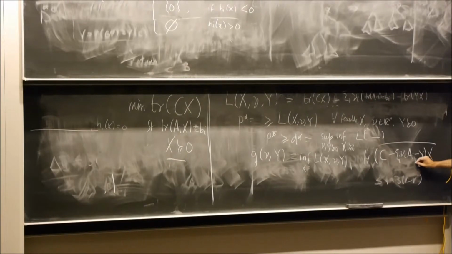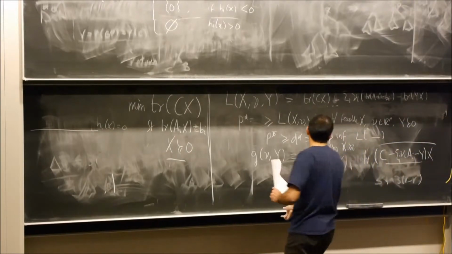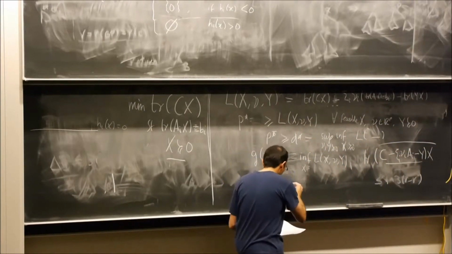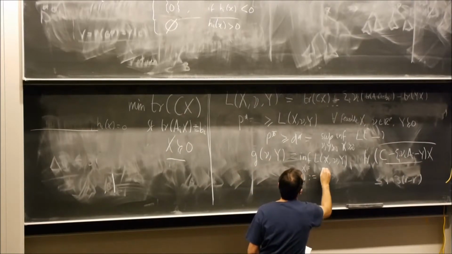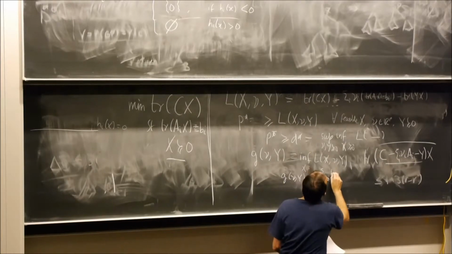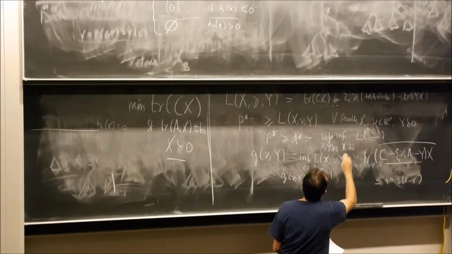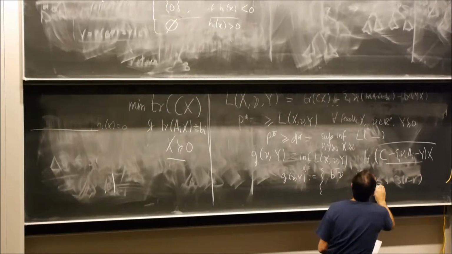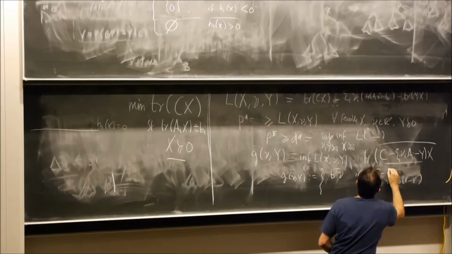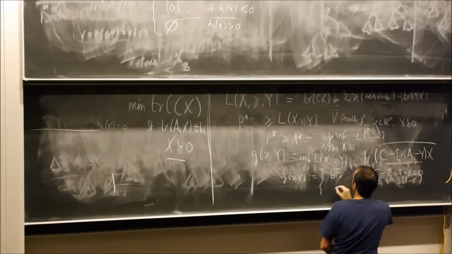So this multiplier had better be 0 to prevent us from descending to minus infinity, which then gives us that g of nu, Y, collecting the parts depending on nu, is minus b transpose nu if C minus sum of nu_i A_i minus Y is 0, otherwise it's minus infinity.